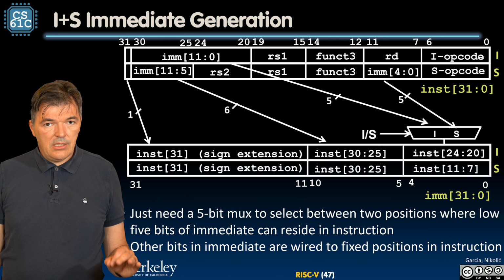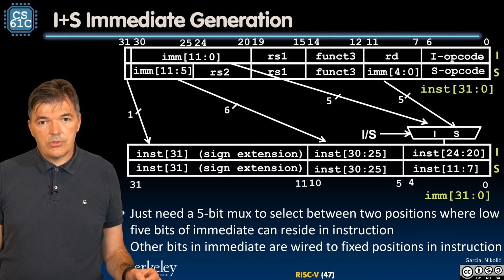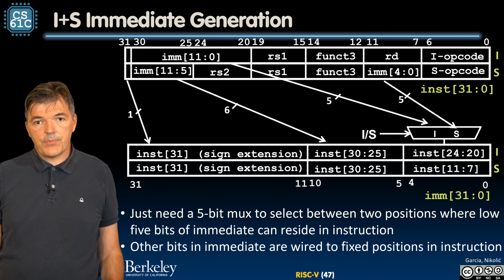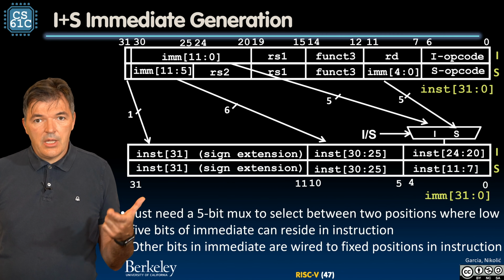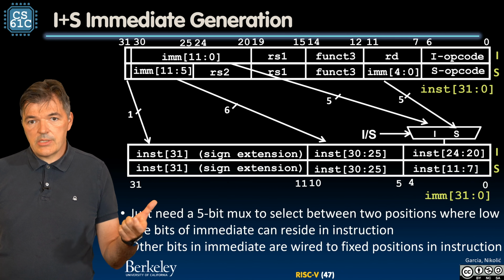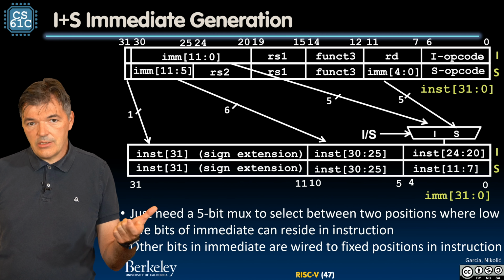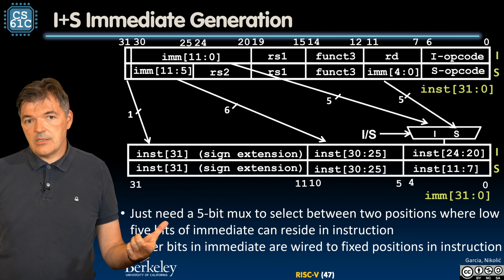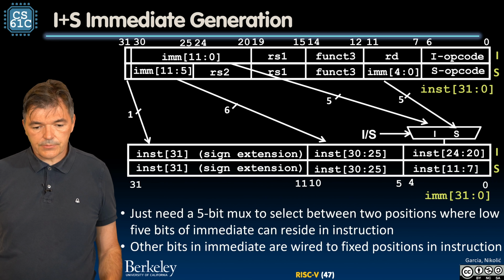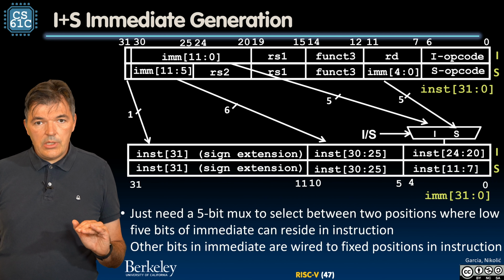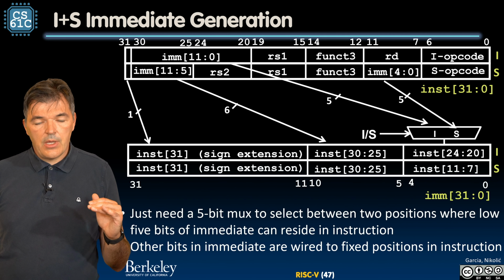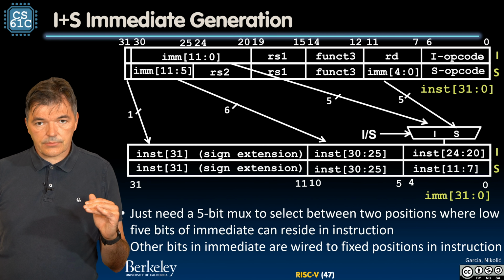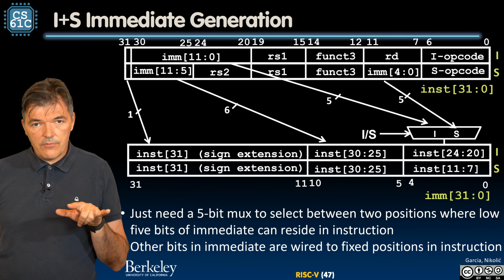Let's see a little bit about what we need to do to our immediate generation unit. Our immediate generation unit so far was very simple. It was designed to take 12 bits from the I type instruction and sign extend it to 32 bits. Now we have to support both I and S type immediates. These immediates are similar.